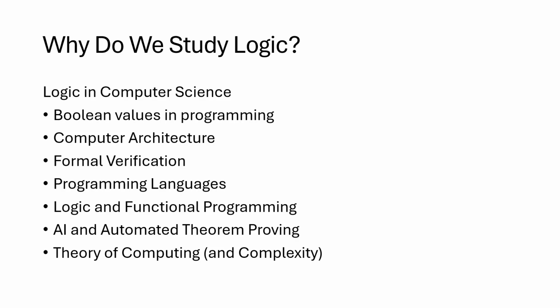And finally, in theory of computing and complexity theory, logic is central in defining what problems can or cannot be solved with machines, and in complexity theory, classifying the problems based on their inherent difficulty.